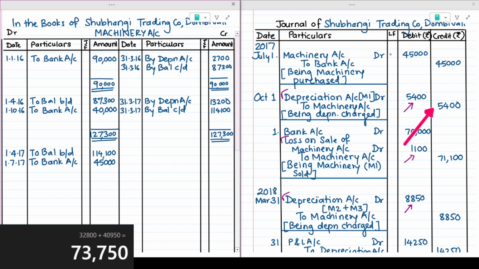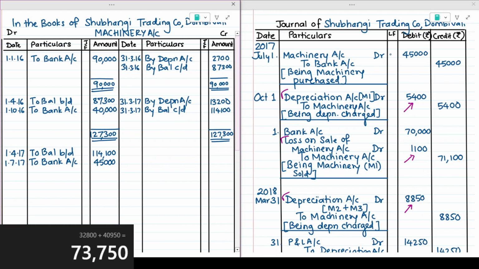This one, right? We have to pass this entry. We have to credit on 1st October 2017 by depreciation account. This depreciation is at the time of sale, right? 5,400. And then the sale entry, the machinery is going out of business.